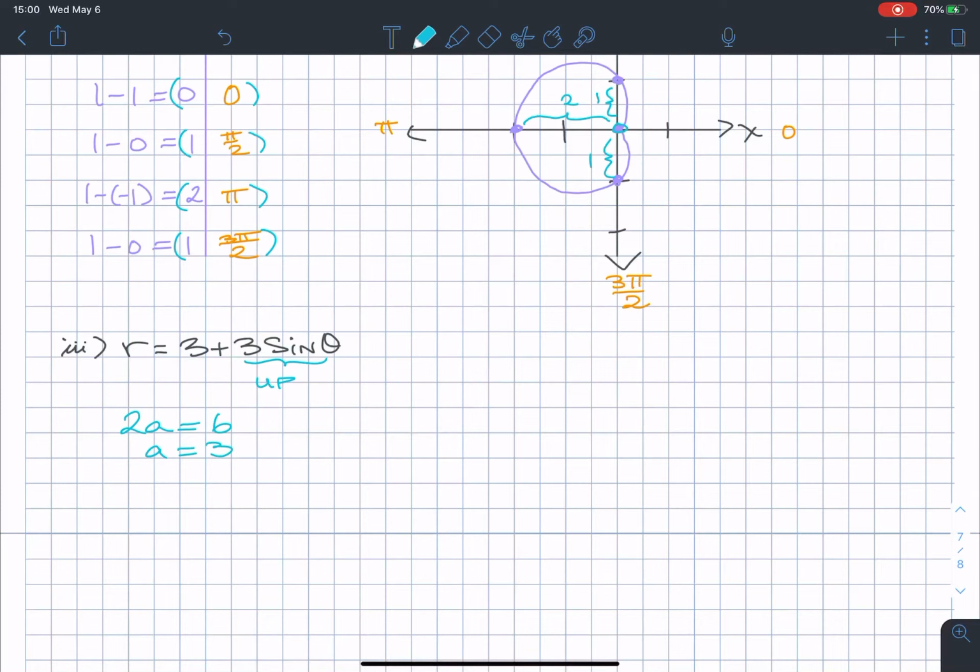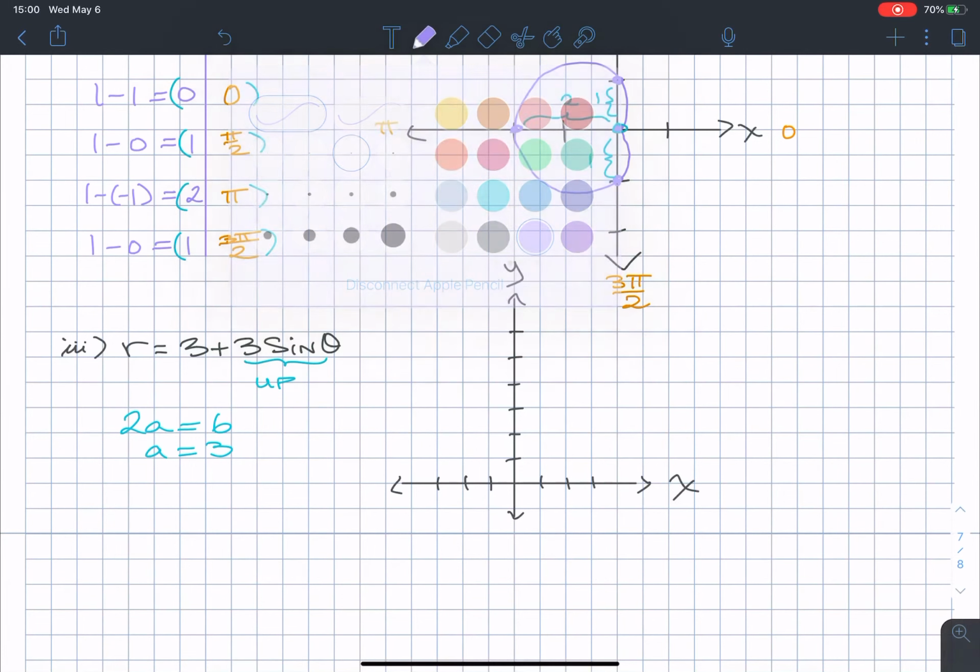So without further ado, x and y coordinate axes. 1, 2, 3, 4, 5, 6. 1, 2, 3. 1, 2, 3. So I claim my side radii are 3. I intersect the pole, and my large radius is 6.